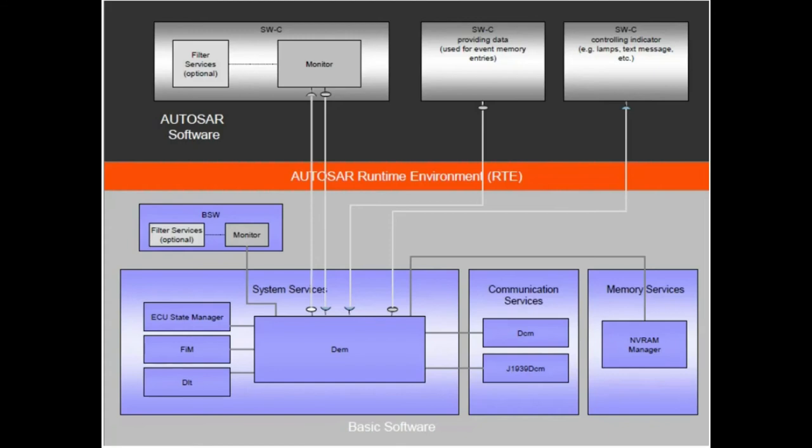I will give one example as per my requirement. Say I have 100 requirements. I have to configure 100 DTCs, 100 diagnostic trouble codes, and 100 DEM events, diagnostic event manager. And I have to link one DTC to one DEM event, and map everything.